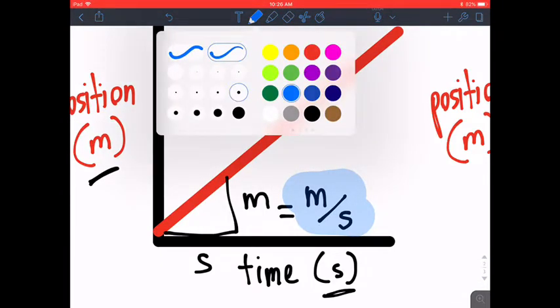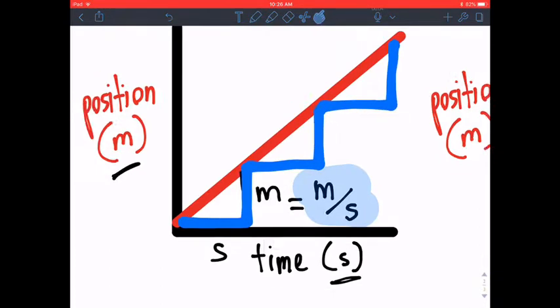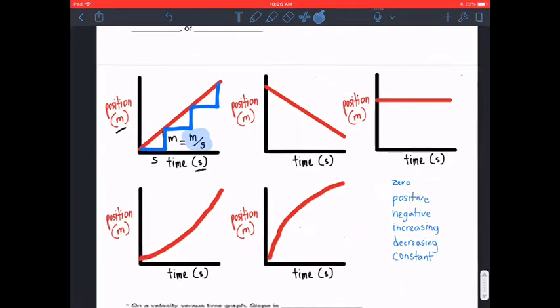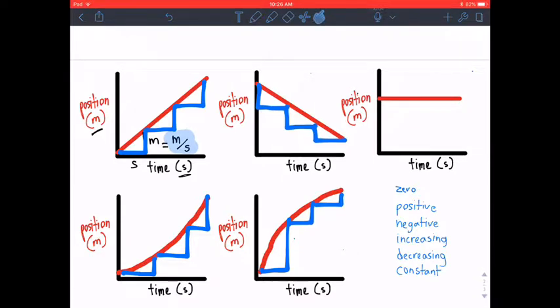And so the slope of this graph is the velocity. Okay? And that's true of all of these position graphs. The velocity for this one, and this one, all of those slopes are the velocity of the graph.